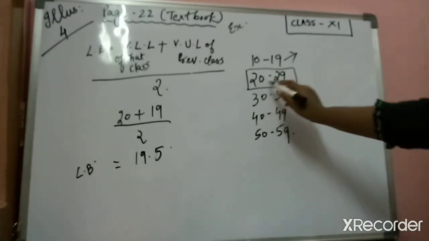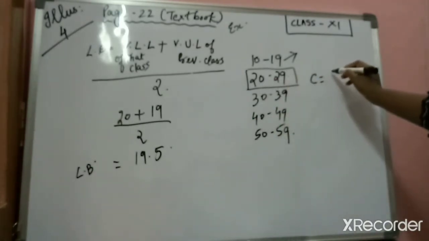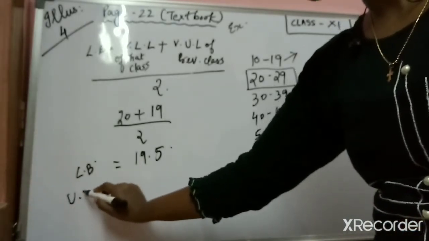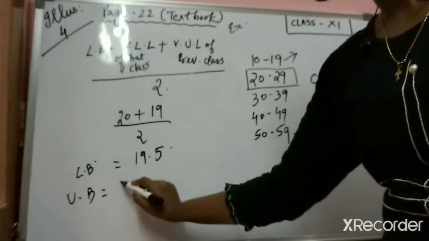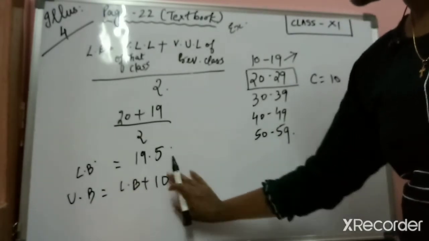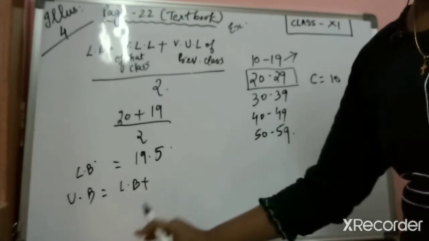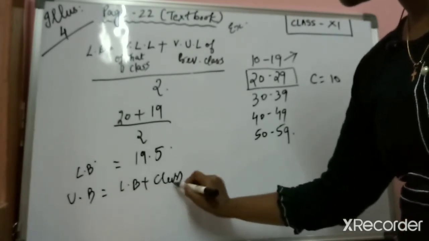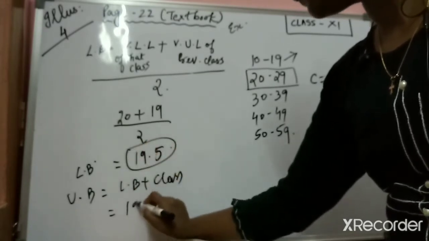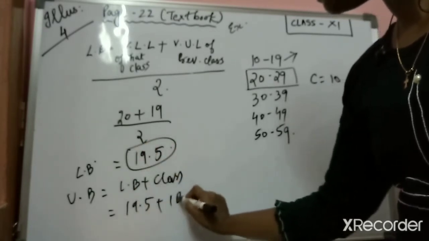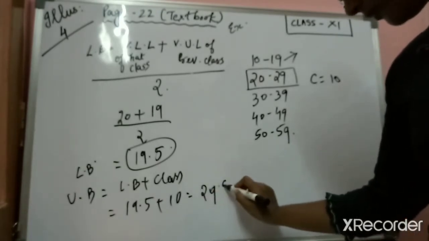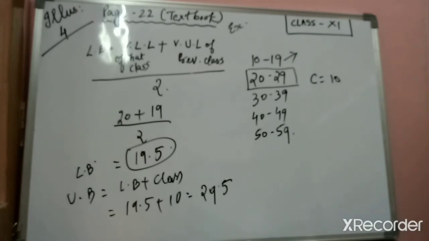Now you can see the class length is C, that is C is equal to 10. So easily you can find out the upper boundary point is equal to lower boundary point plus class length. So lower boundary point, now we found out 19.5, plus 10 is equal to 29.5.